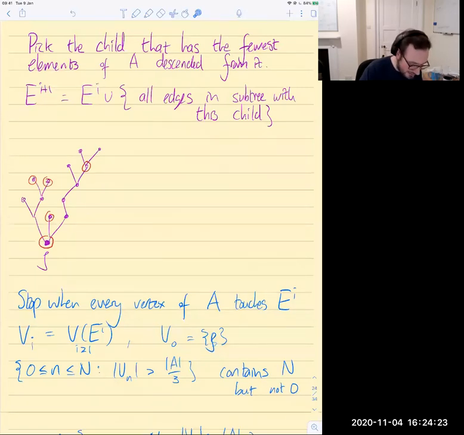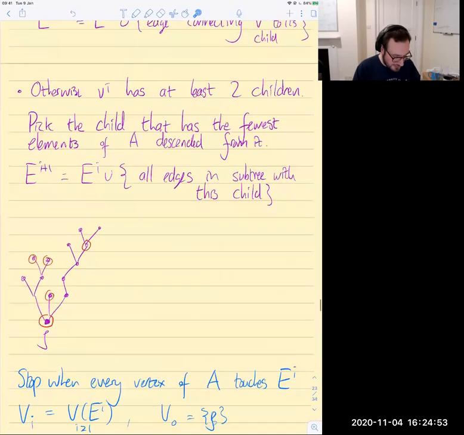Then at the next step, the boundary vertex is still the root, and now it has 2 children, and it's the one on the right that has the fewest elements of A. The ones circled with red are the elements of A. So I take this whole tree on the right and add it to my set to get E2. So E2 would now be everything hanging off the tree apart from the bit that goes towards the leftmost child of the root. Then I'd only have one child left.